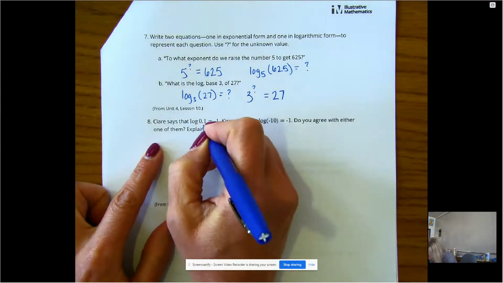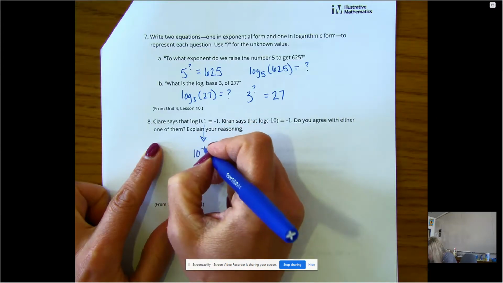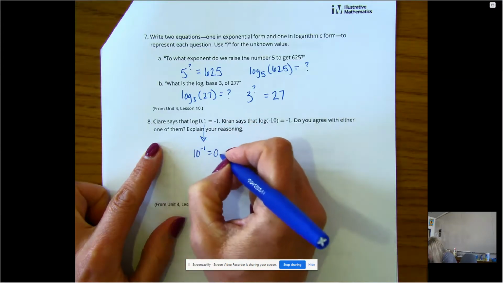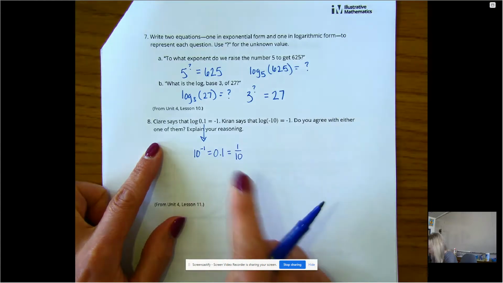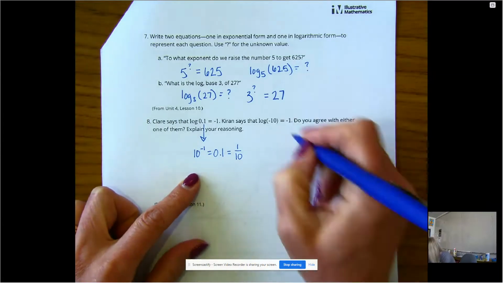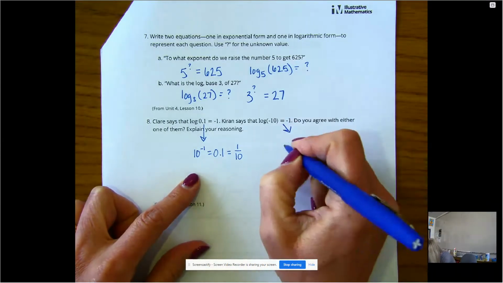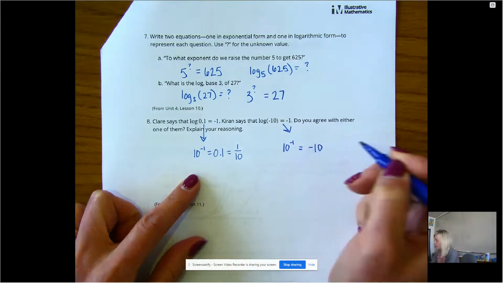So Claire is saying in exponential form, 10 to the -1 is equal to 0.1. And by the way, as a fraction, that is 1/10. I agree with that. But Kyron is saying 10 to the -1 is equal to -10.